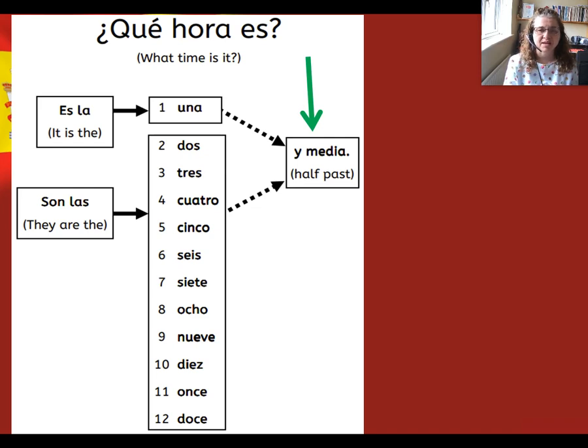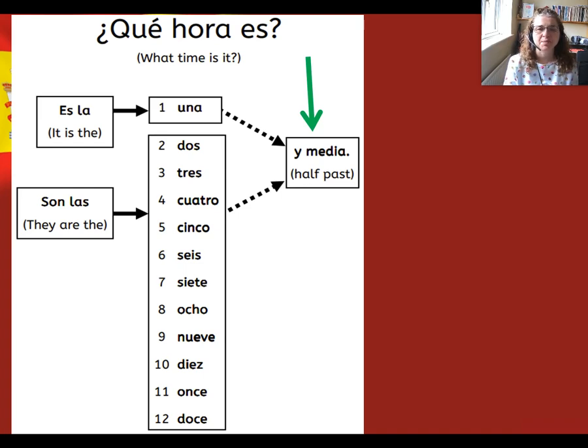Son las 11:30. And it's 6:30. Son las 6:30. How about it's 9:30? Son las 9:30.